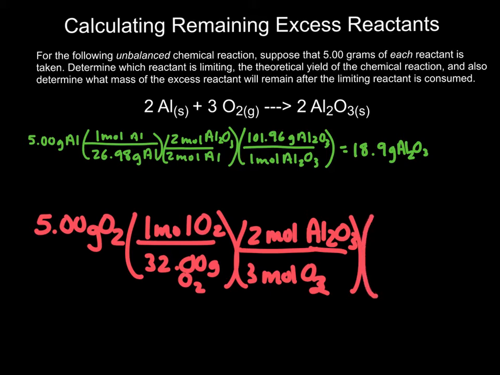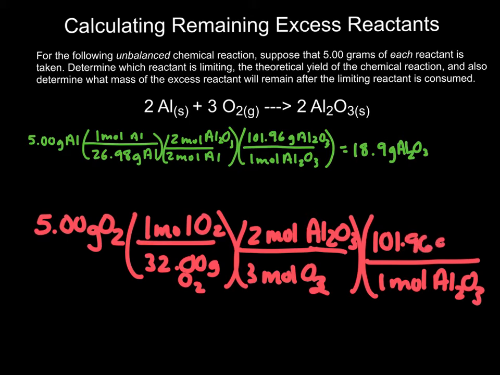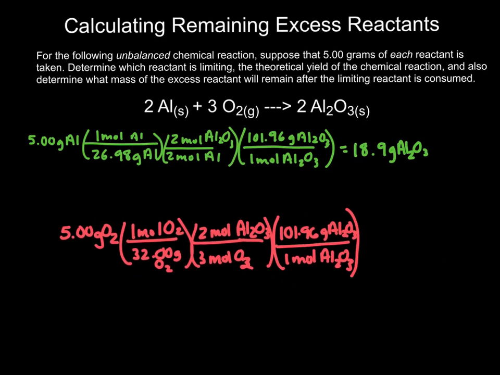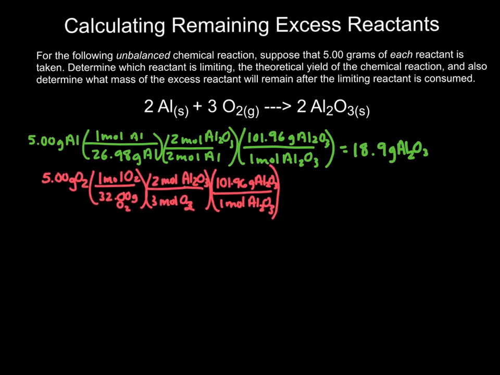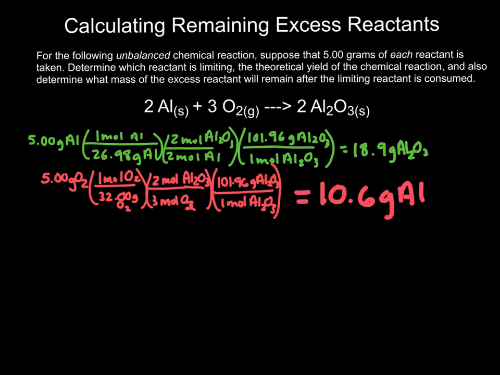And to find out the mass, we use the molar mass again of aluminum oxide, 101.96 grams. And when we do this math, we get an answer with proper sig figs of 10.6 grams of aluminum oxide.